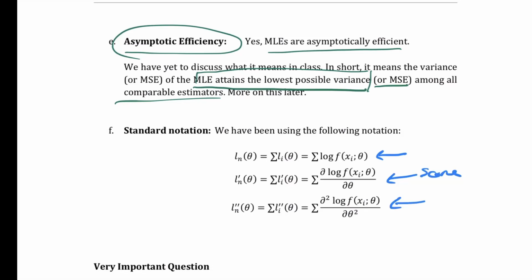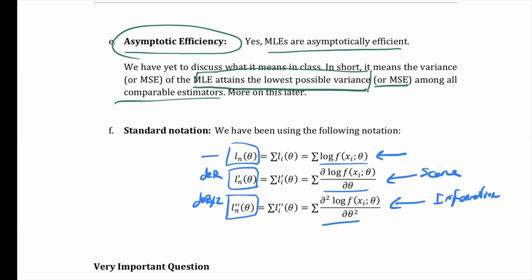This is the function, this is the derivative, this is the second derivative, and then this is the information. I have all these things right here. And we use these nice shorthands for the log likelihood, the derivative of the log likelihood, the score function, and the second derivative of the log likelihood, which gives us the information.